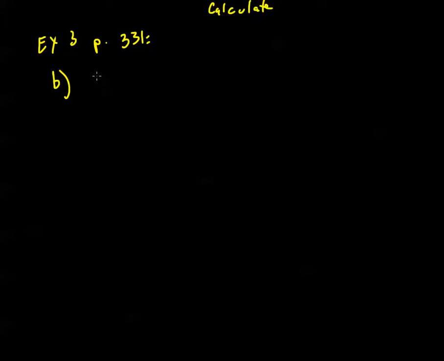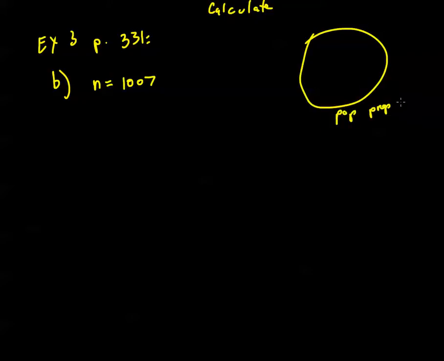Alright, let me write down some stuff here. Well, we want to estimate a population proportion of people in the world that recognize Twitter. We'll never know that number for sure, but we can estimate it, and that's what we're going after here. So we'll use a sample of 1,007 people.